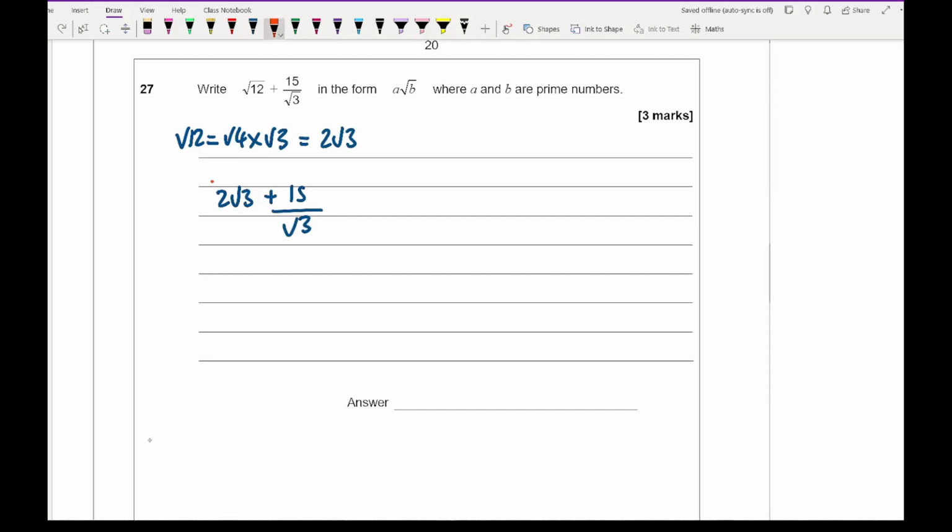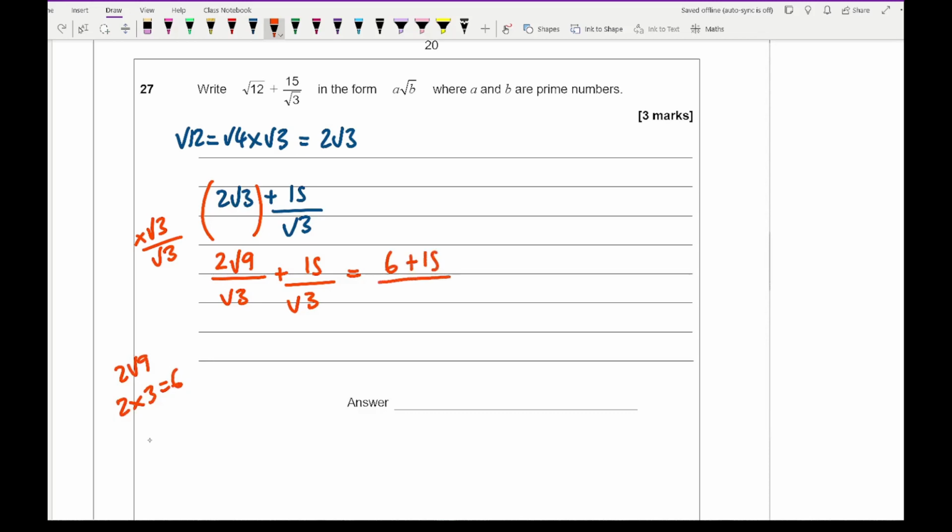Then if I convert this into a fraction by multiplying by root 3 over root 3, then what I get is 2 root 9 over root 3 plus 15 over root 3. Now 2 root 9 is basically 2 times 3, which is 6. So I've got 6 plus 15 all over root 3, which gives me 21 over root 3.